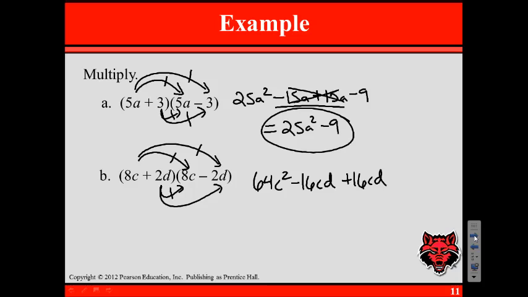If we do that every time, we shouldn't ever lose like terms because our variables are in the opposite places. And then our last product, 2D times negative 2D is a negative 4D squared. We combine like terms in the middle, the CD terms cancel, and we are left with 64C squared minus 4D squared.